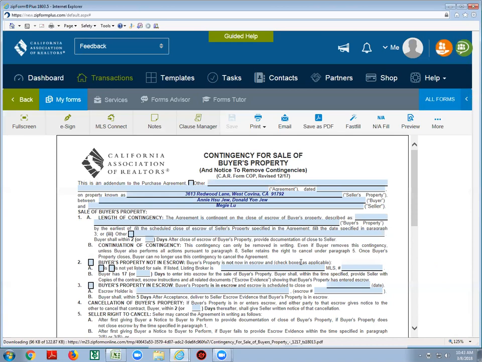Yeah, and you attach to it. Or you can say, because the counter offer does have a form to attach, if you really want to attach this form, for example, or the seller wants to rent back. If you look at it, that's another form I have.